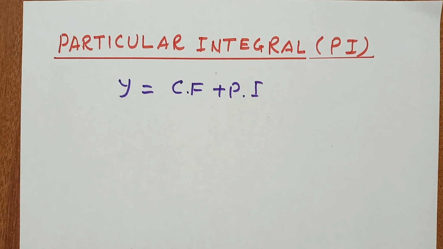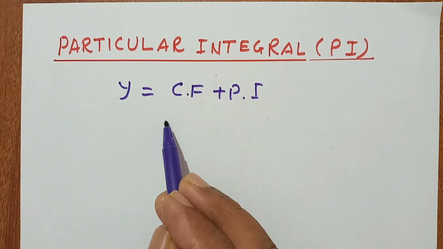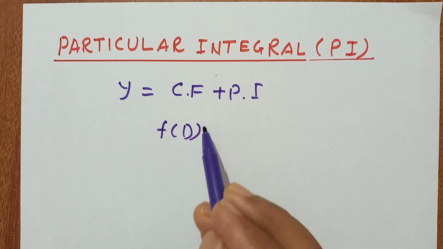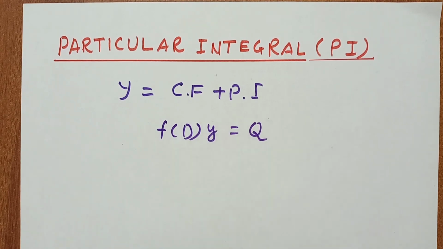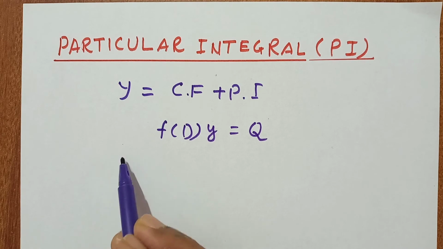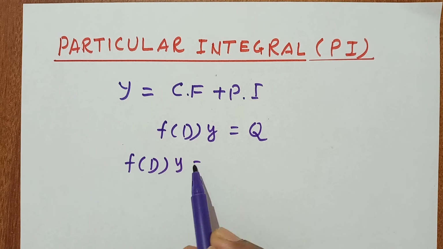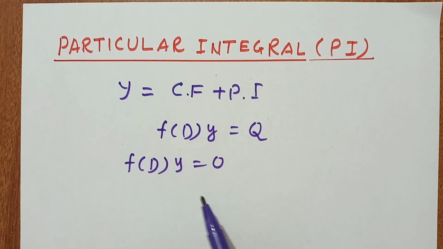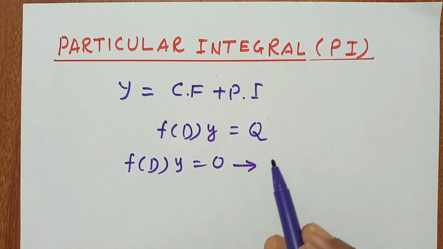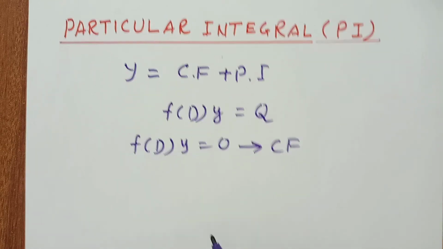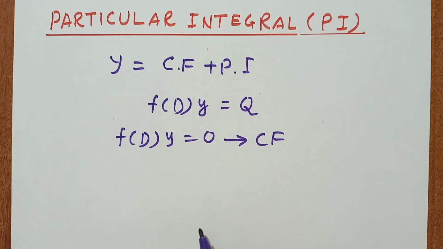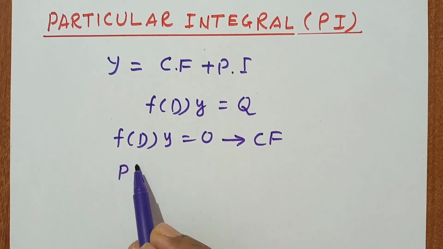So y is equal to CF, complementary function, plus particular integral. It means when the equation is of the form f of D y is equal to q, first we put f of D y is equal to 0 and solve as in previous questions. That solution in the present case is called the complementary function. So for this we get CF, and for the right hand side q we will calculate the particular integral.